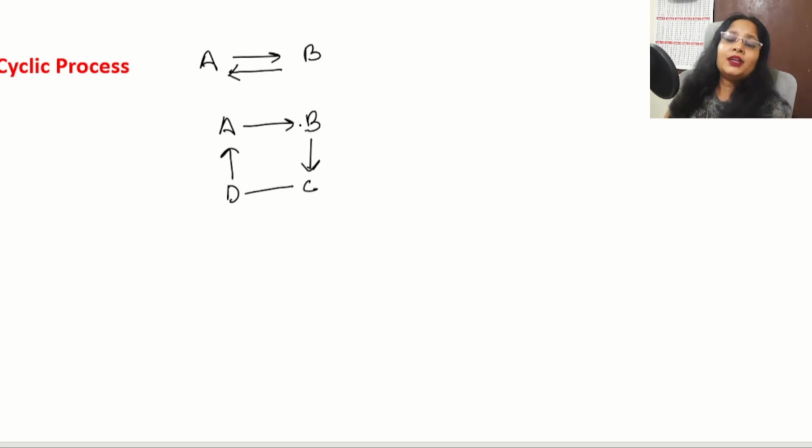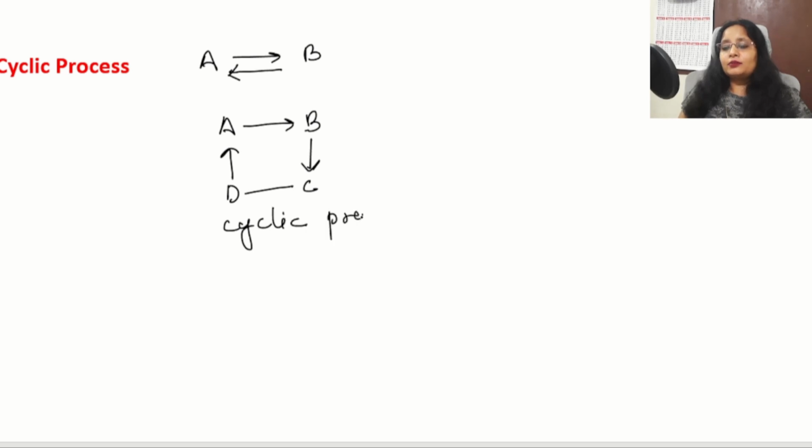We started with the initial state and end up with that same state. We are coming back to the same point but using a different path. So using a different path is called cyclic process. If using the same path, it is called reversible process. If the process takes a different path and reaches the initial state, then it is called cyclic process.